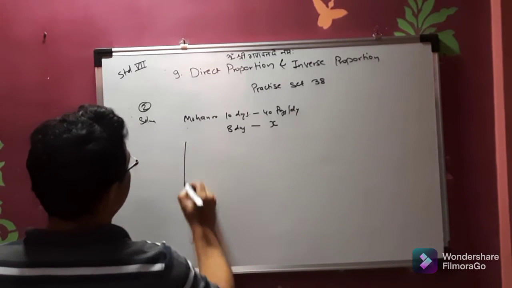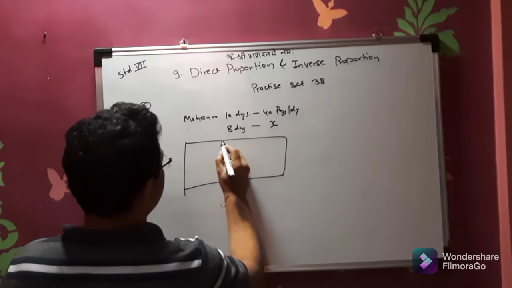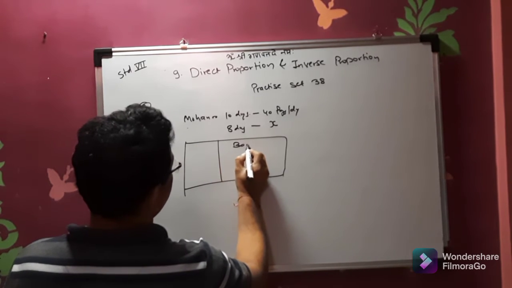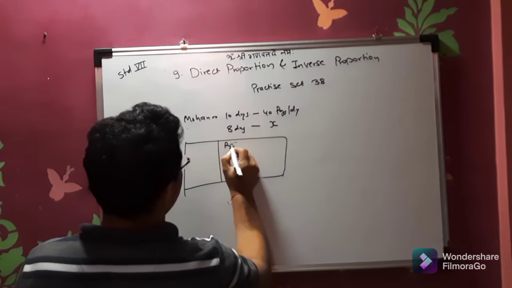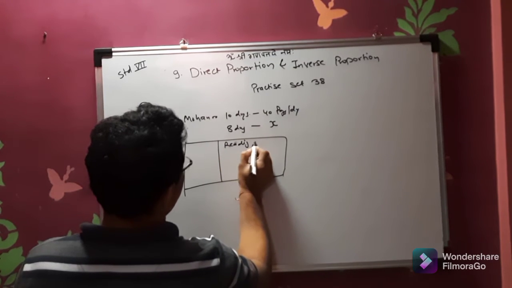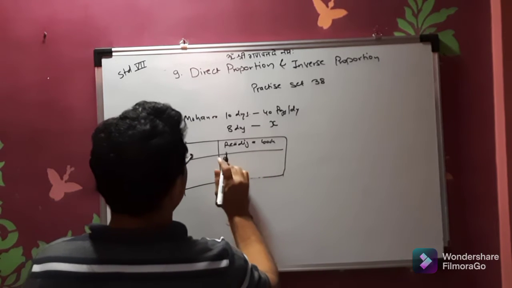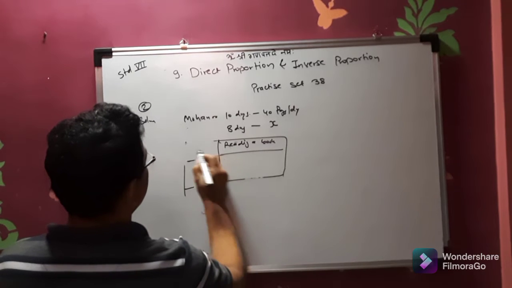So we can put it in tabular form. What is the common here? Book. Reading a book is the common.